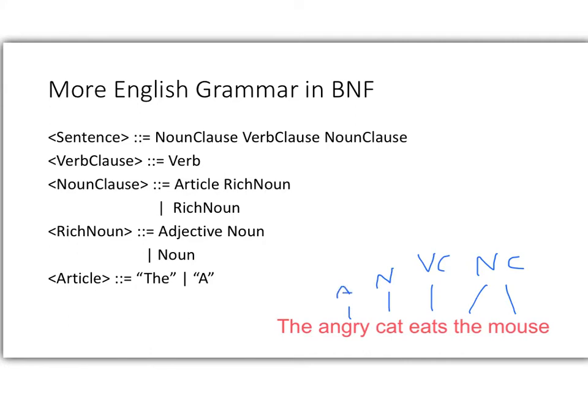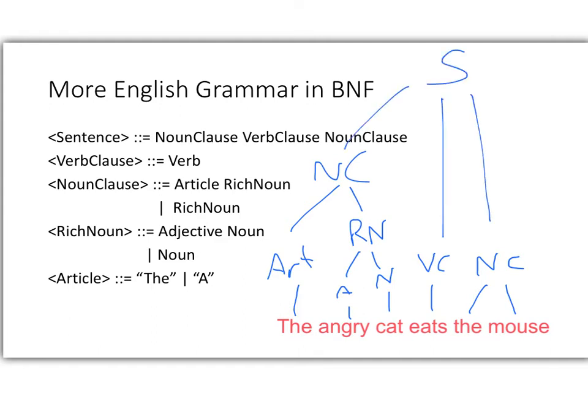An adjective and a noun forms a rich noun. The is our article, and an article and a rich noun forms a noun clause. And there's our sentence. So you can see that that is grammatically well formed.